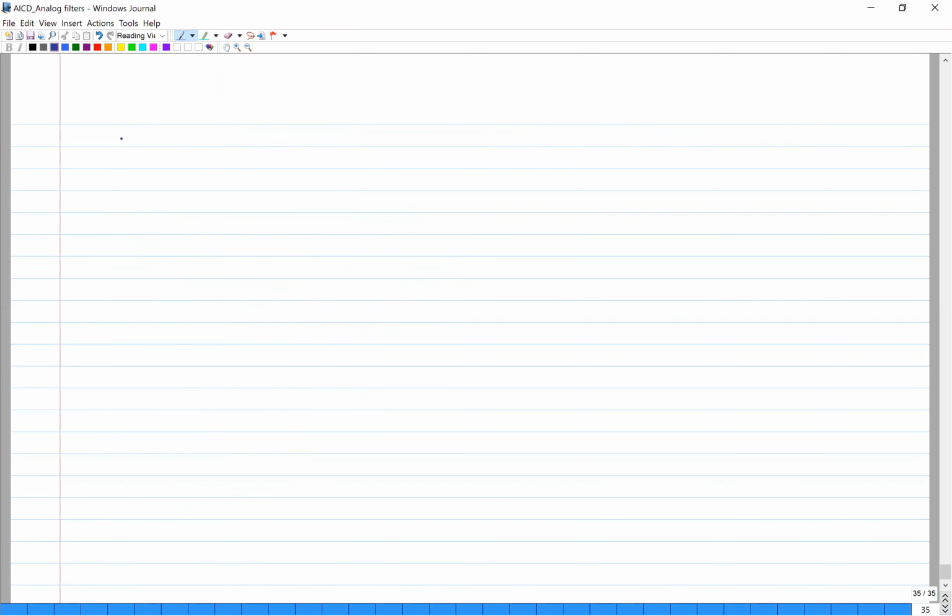Let me draw the new structure based on this resistance and capacitance. This is my input. Here I have a resistance, which I'll mark as R1, and another resistance, R2. Here I have the op amp with plus and minus. From this end I have one capacitance connected to ground.